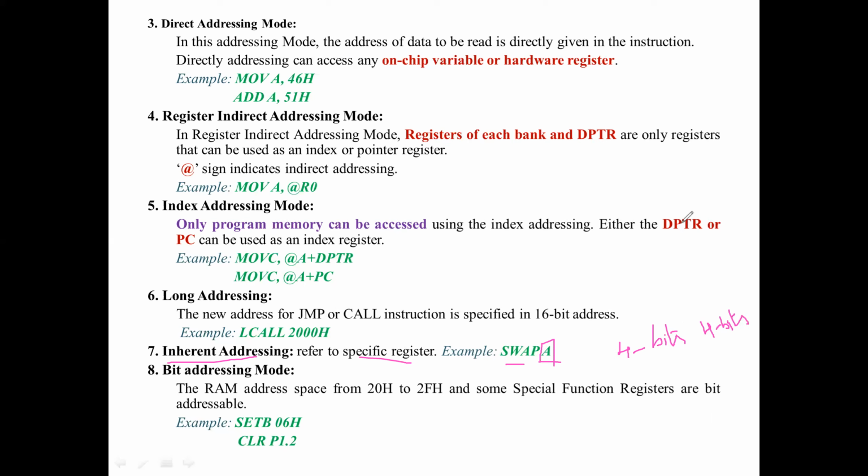Totally 8 bits. So this is the higher 4 bits. This is the lower 4 bits. So these two will be swapped. That is, within the register, the operation is done. So such kind of instruction will come into inherent addressing.